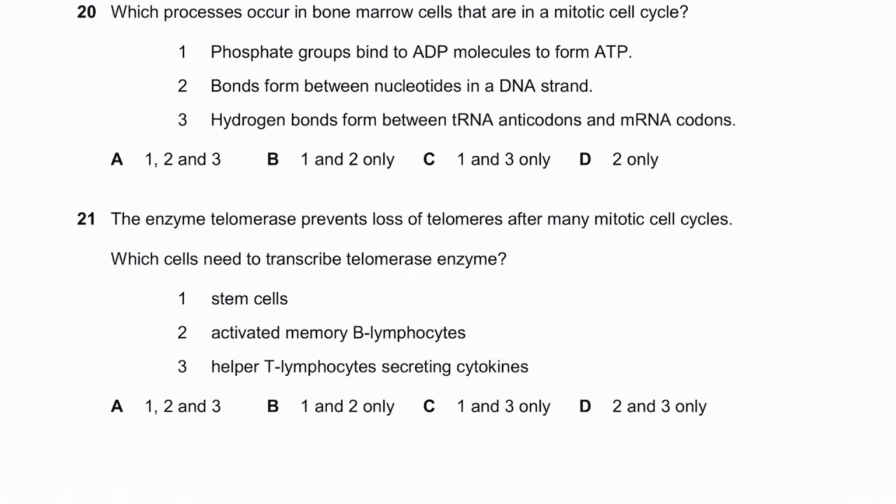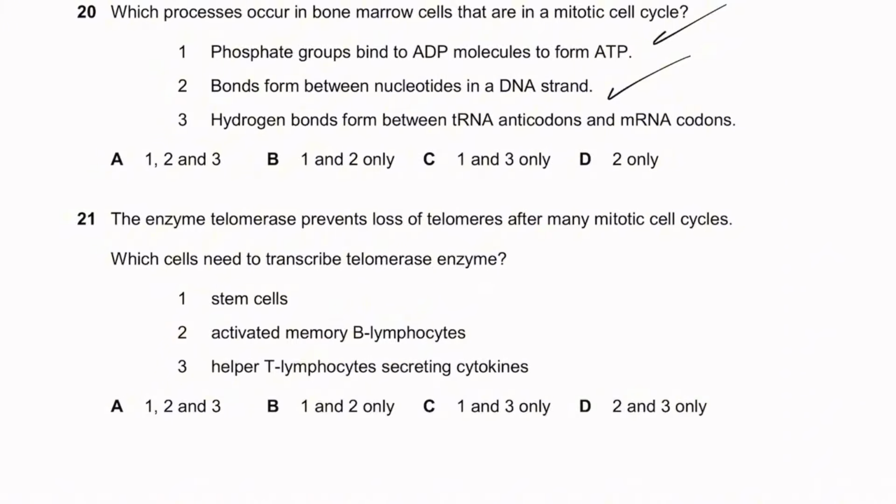Which process occurs in bone marrow cells in the mitotic cell cycle? Okay, so in the bone marrow cells, in a mitotic cell cycle, the phosphate groups bind to ADP to form ATP. Okay, respiration, we have formation of ATP. Okay, it could happen as well. Okay, why not? Bonds form between nucleotides and a DNA strand. Exactly, there's going to be DNA replication.